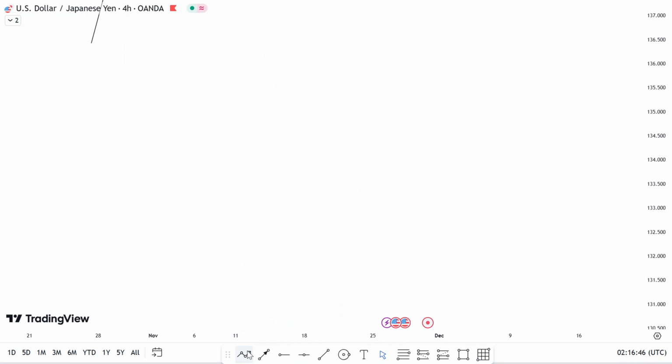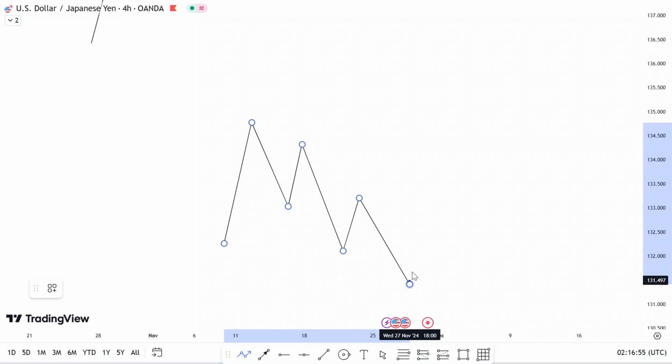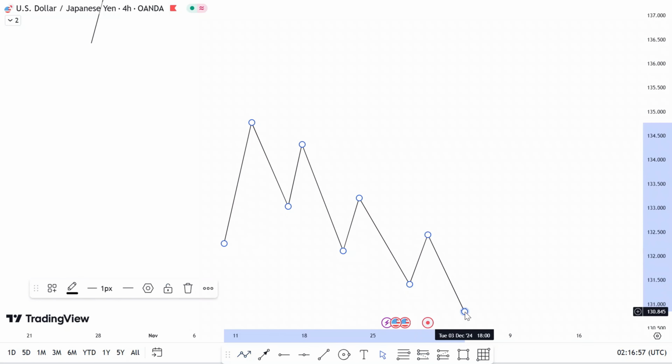Let's say the market is in a downtrend. Basically the same thing.